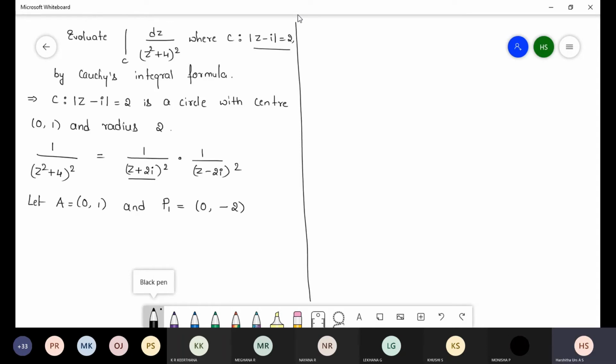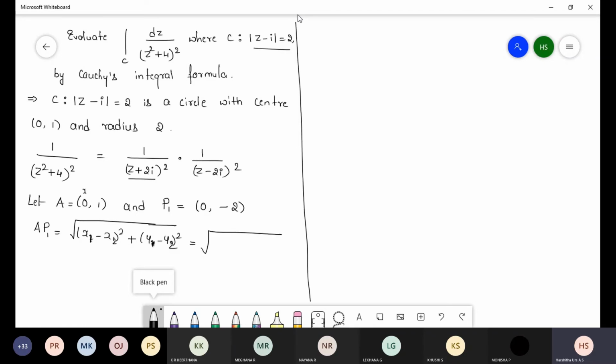Find the distance using the distance formula: square root of (x2 minus x1) whole square plus (y2 minus y1) whole square.